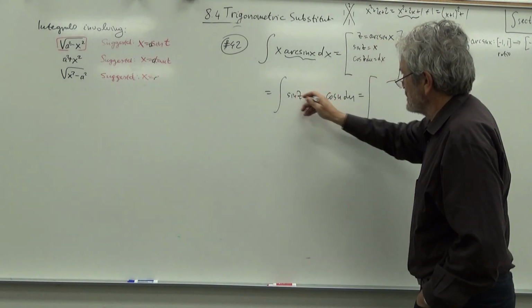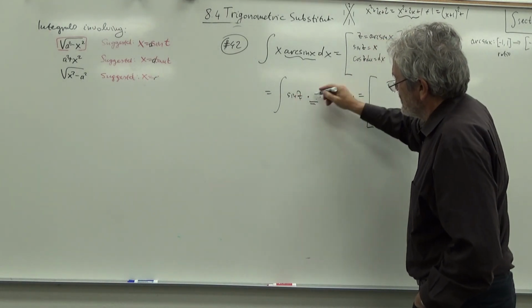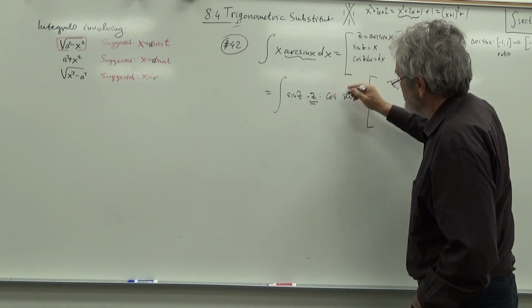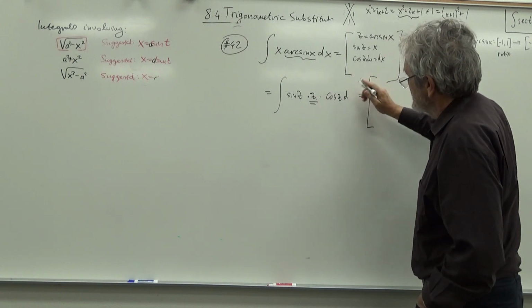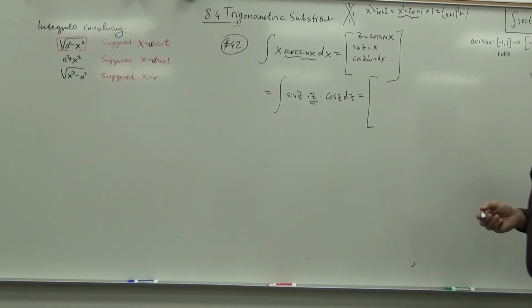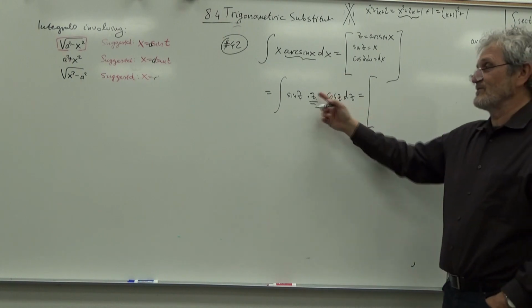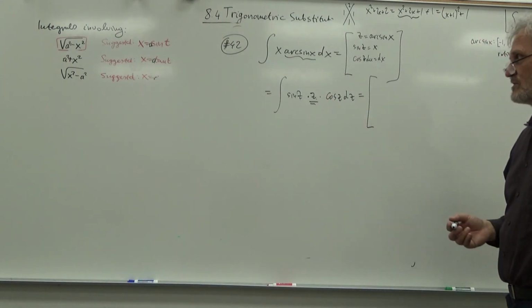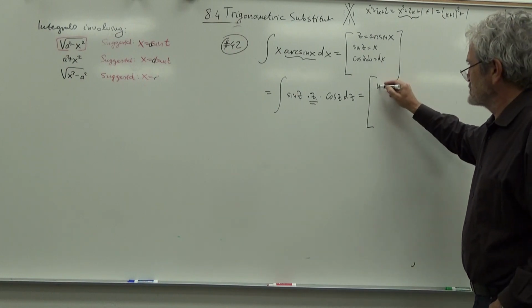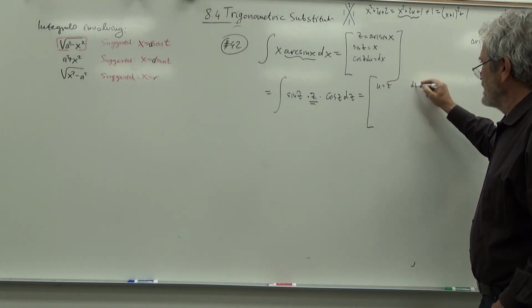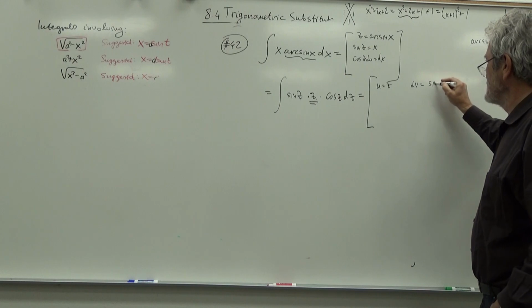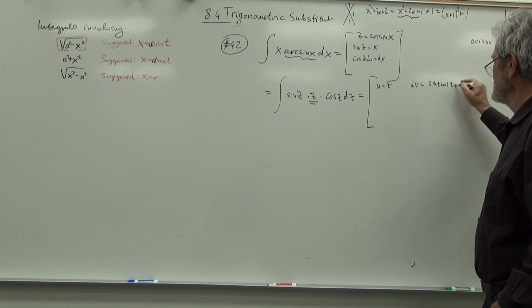It doesn't change our calculation. The reason I changed my mind is that now I need to call something U and V. There are reserved letters for integration by parts, and this variable was already called U, so that would confuse us. So U equals Z, and dV is sine Z cosine Z dZ.